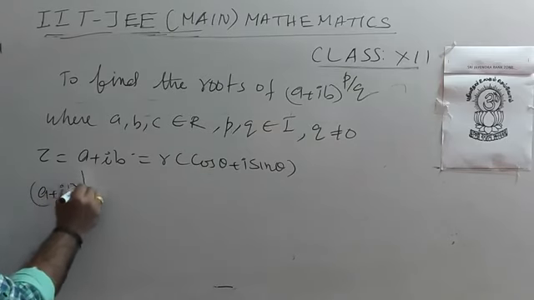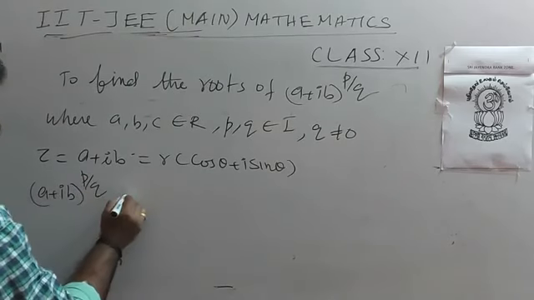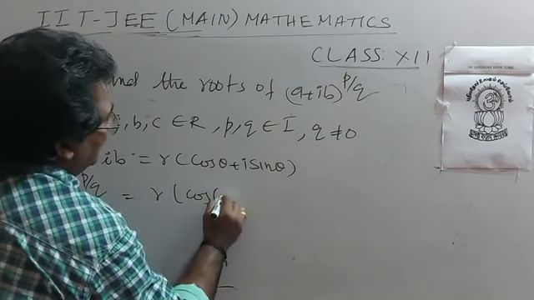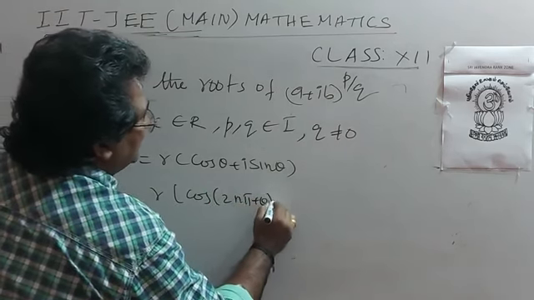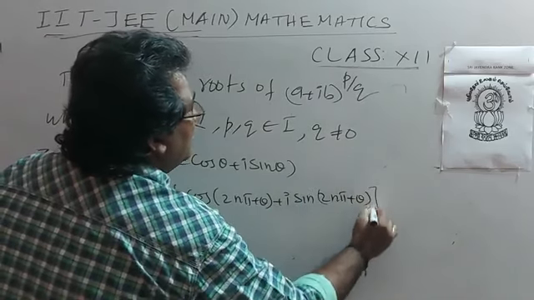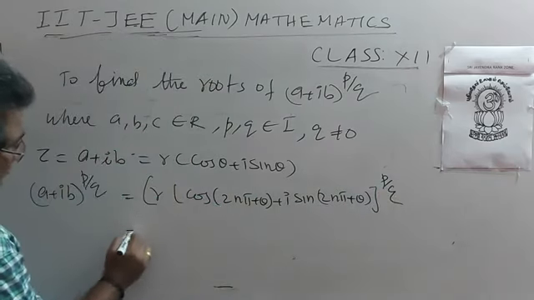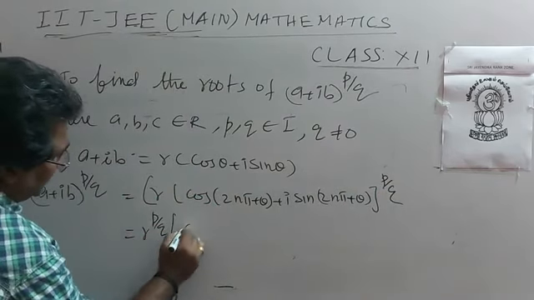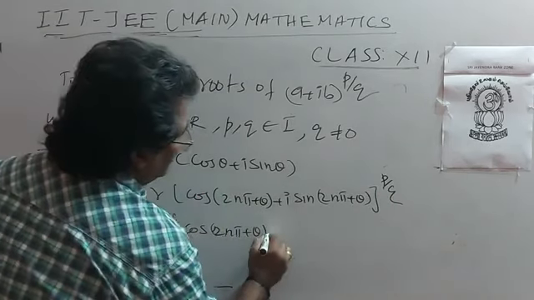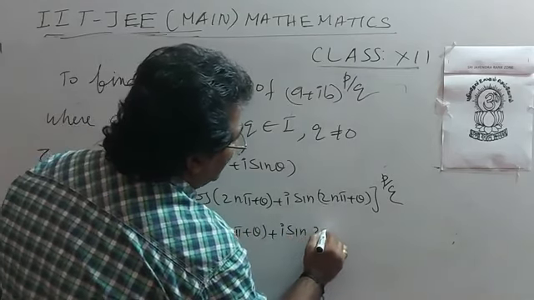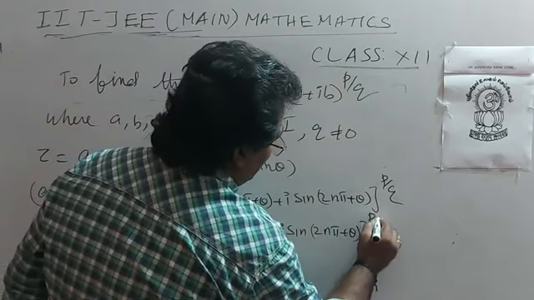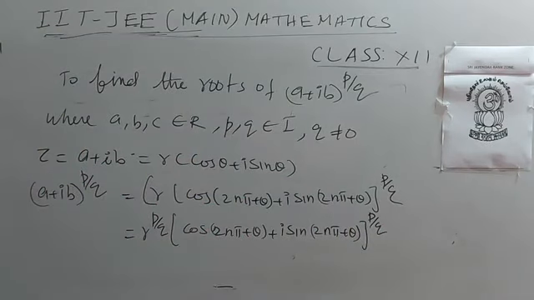(a plus ib) whole power p by q equals r into cos (2n pi plus theta) plus i sin (2n pi plus theta), whole power p by q, that is r power p by q cos (2n pi plus theta) plus i sin (2n pi plus theta), whole power p by q.